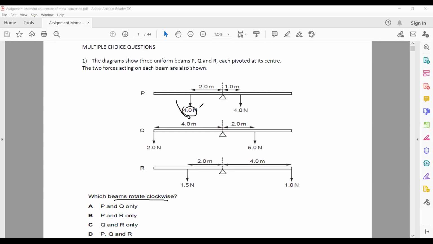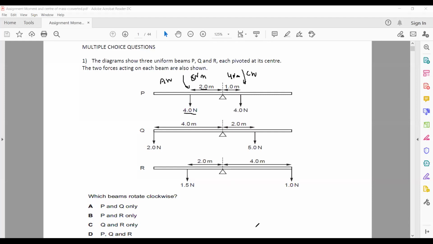First you have to calculate the value. So here the force is 4 and the distance is 2. So the moment caused is 8 Newton meter, which is anti-clockwise. And a force of 4 Newton at a distance of 1 meter. So what is the moment caused? That is clockwise. 4 Newton meter clockwise and 8 Newton meter anti-clockwise.